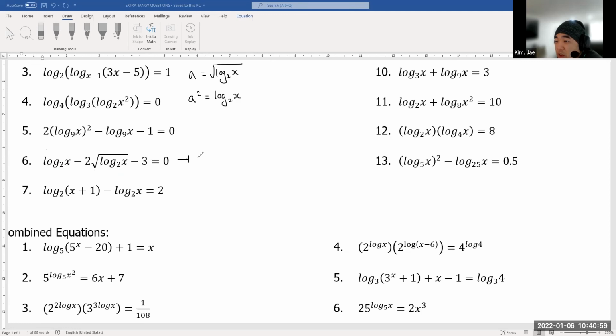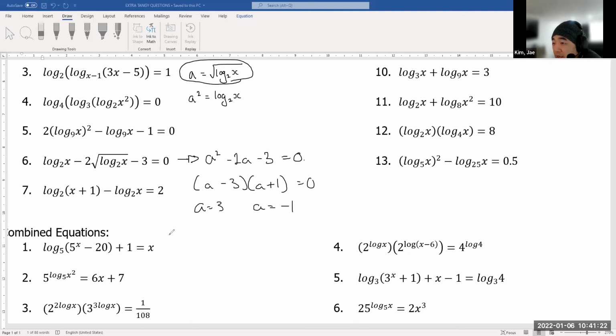So this becomes a squared minus 2a minus 3 equals 0, which allows me to factor like so, which gives a equals 3 or a equals negative 1. Bringing it back to my substitution, the square root of log 2x equals 3, or the square root of log 2x equals negative 1. This cannot happen, therefore this one is an extraneous root.